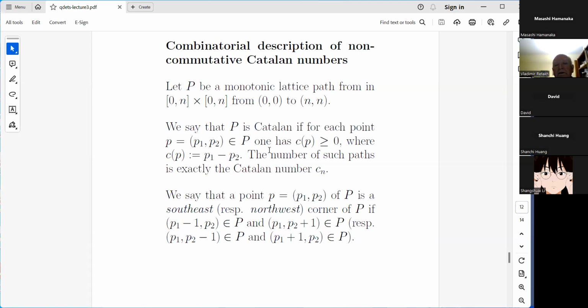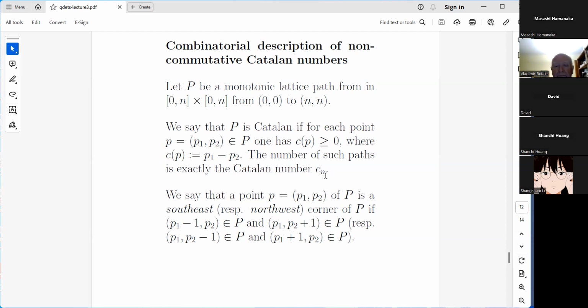The difference I will denote by c(P), because in the literature it is called the content. Now it is known that the number of such paths in this square is exactly the classical Catalan number Cn.